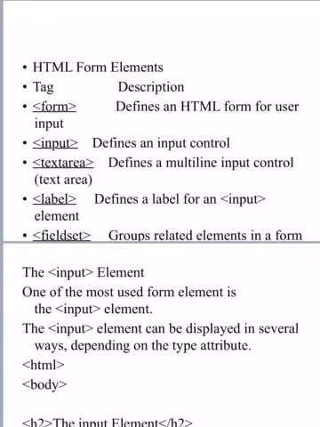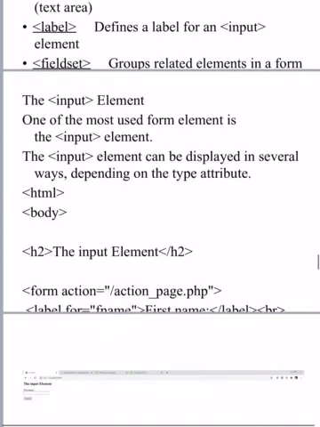Textarea defines a multi-line input control, to give an address or multiple lines of information, then we use textarea. Label gives the label for that particular input field, and fieldset groups related elements in a form. And we have optgroup, we have select, like this, different tags available for the form.